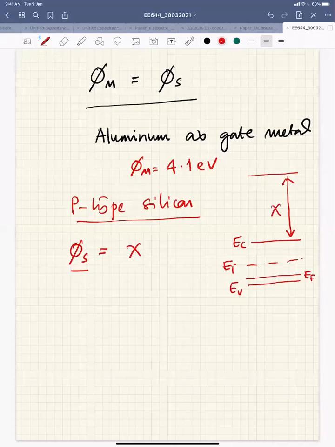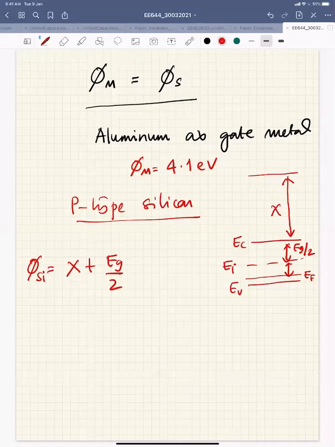So if I want to find the work function of the silicon, phi s, in this case phi silicon, is your electron affinity plus Eg by 2, plus this number, which is nothing but your psi b, that is kT by q ln Na by Ni, right?